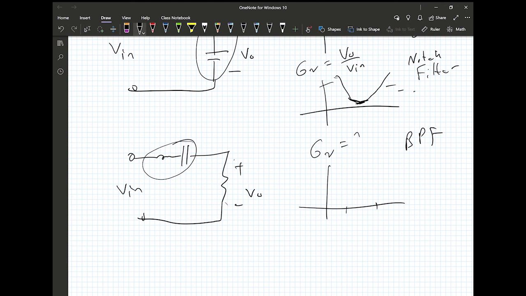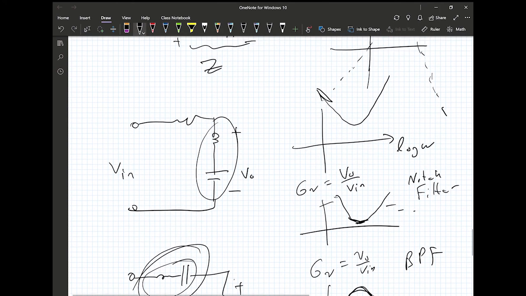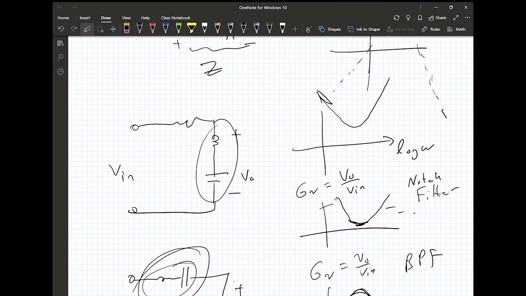So the gain, Vo over Vn, is going to be maximum in this frequency range. At high frequencies and low frequencies, this impedance will be maximized. Therefore, the transfer function, the voltage divider, is going to be minimized. So the gain is going to look like this. Okay. So this is briefly how we can build different kinds of filter networks.